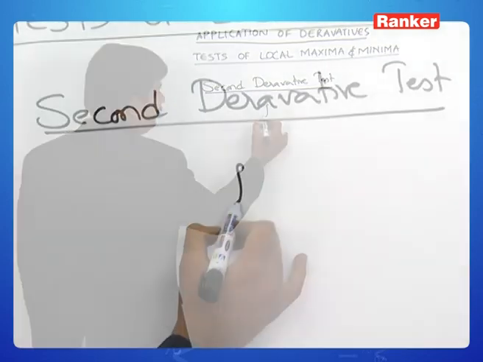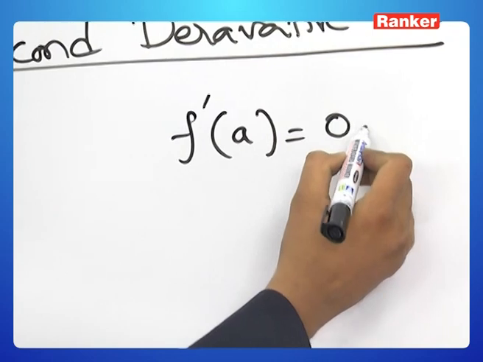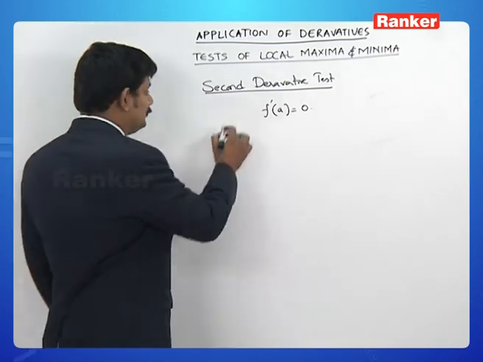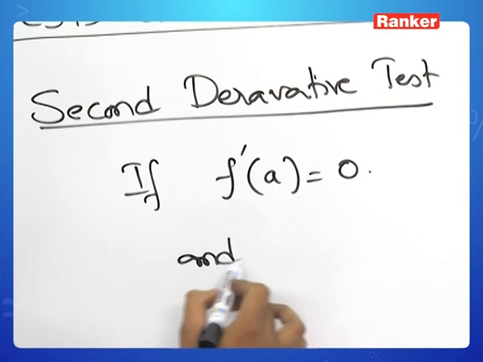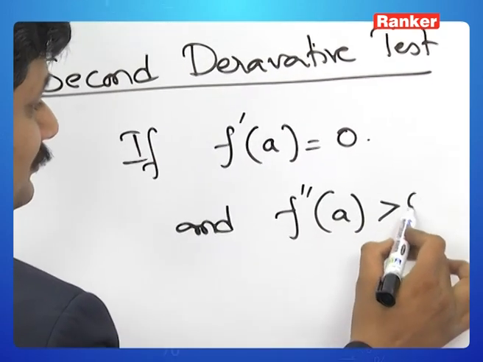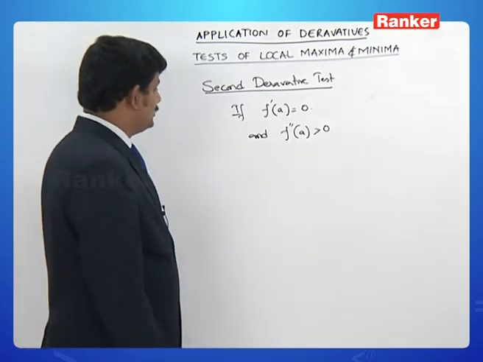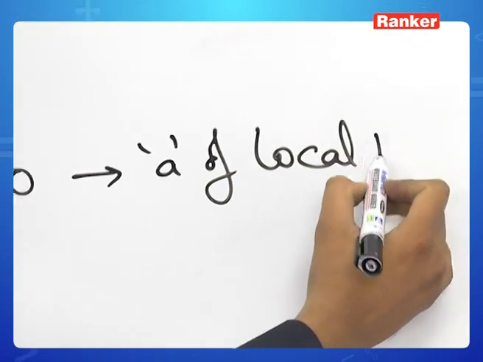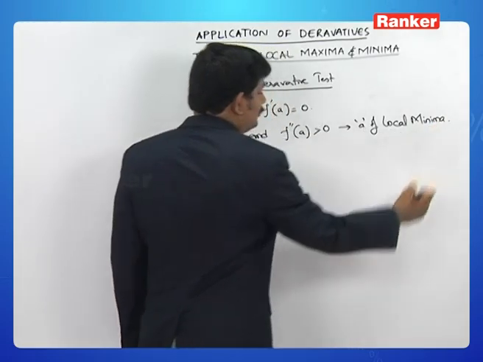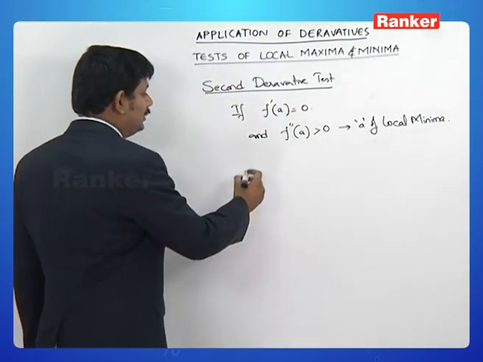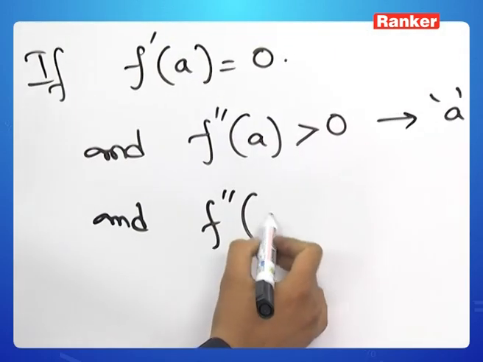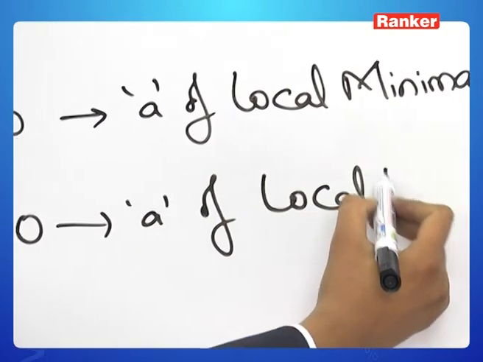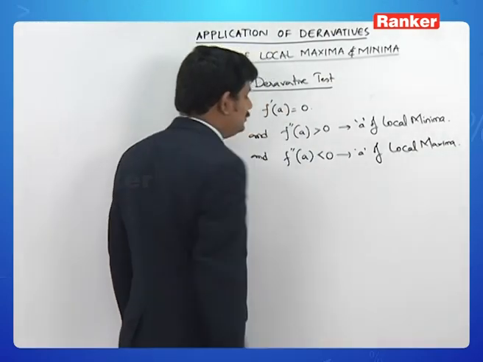Now, if we have a critical point A where f dash of A is 0, that is a critical point not because of non-differentiability but because derivative is 0, and f double dash of A is positive, then we conclude that A is a point of local minima, and if f double dash A is less than 0, then we conclude that A is a point of local maxima.